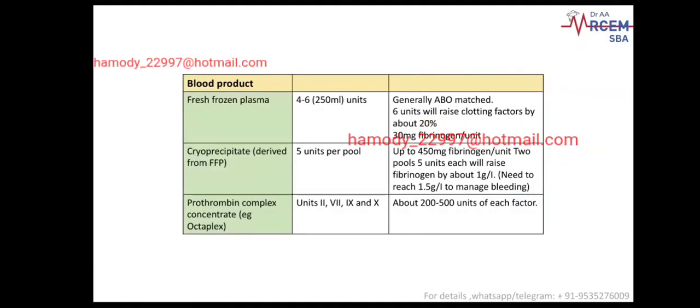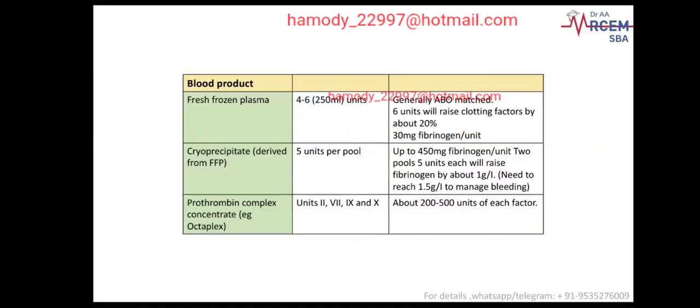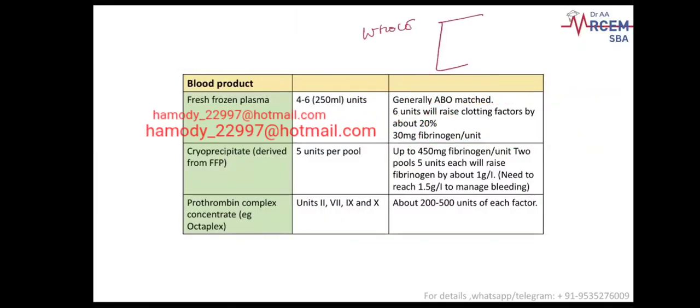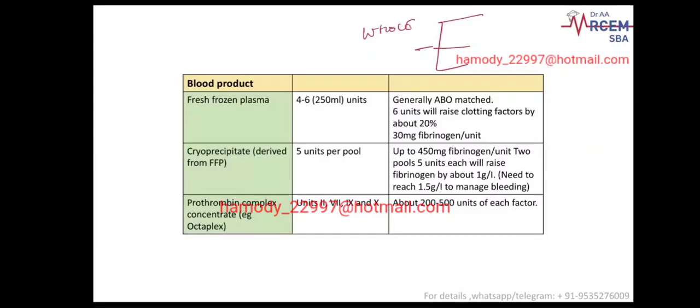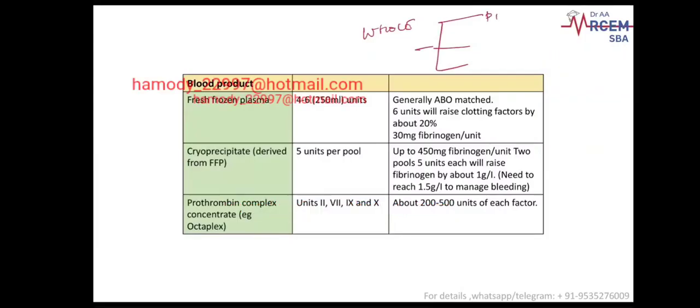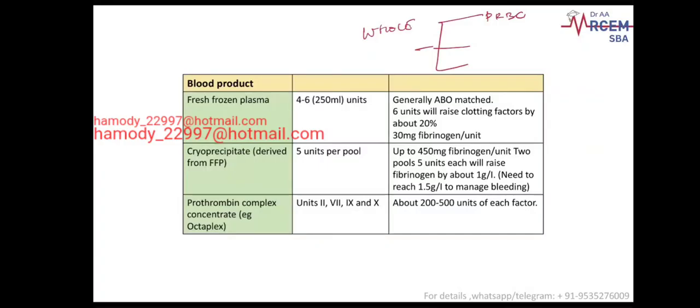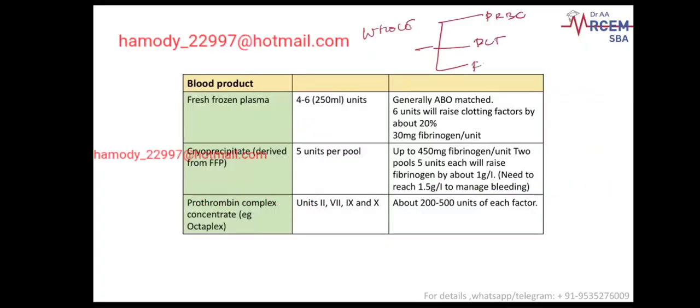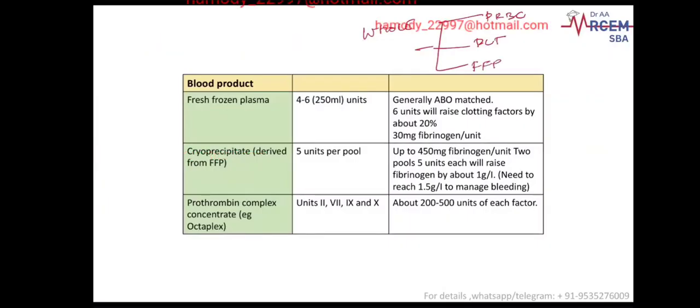Blood products. The three kinds of blood products. The whole blood sample you're taking, once you take a blood sample, it can be divided into components. One which contains RBCs, these are known as packed red blood cells. One which contains platelets. Next one is the FFP. FFP contains the clotting factors.